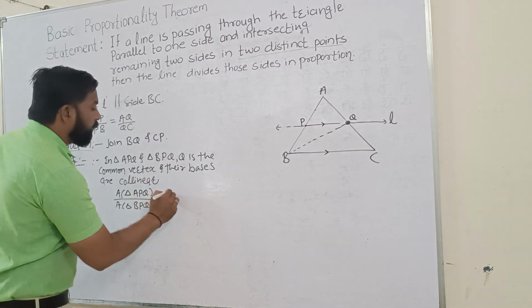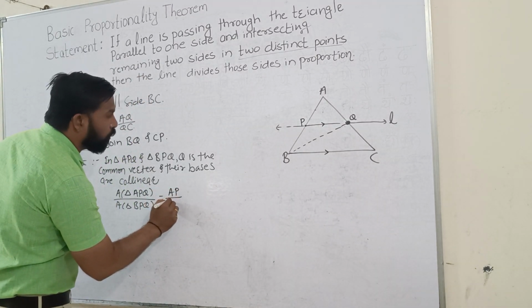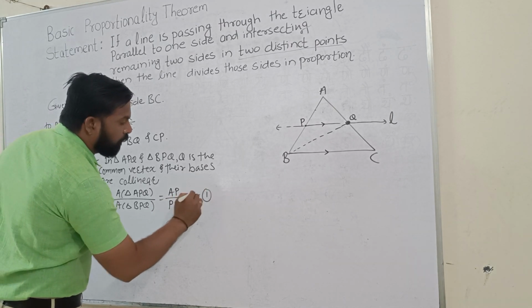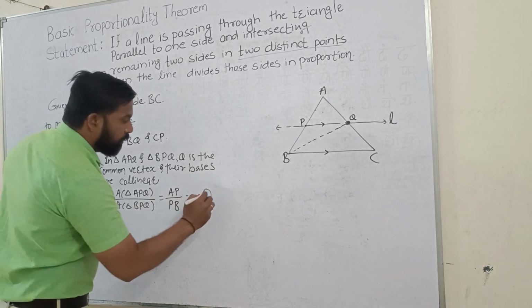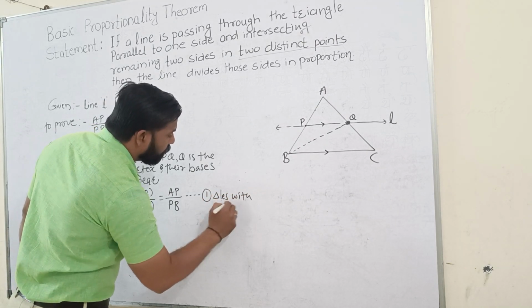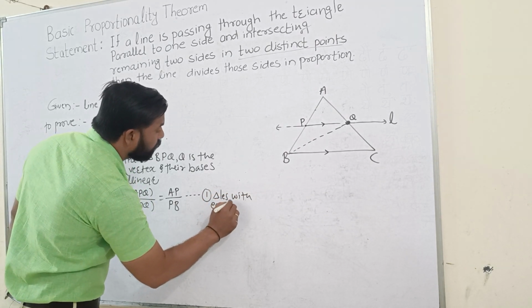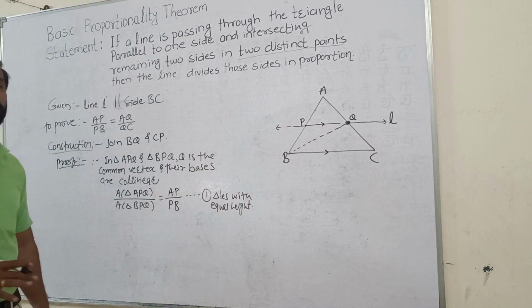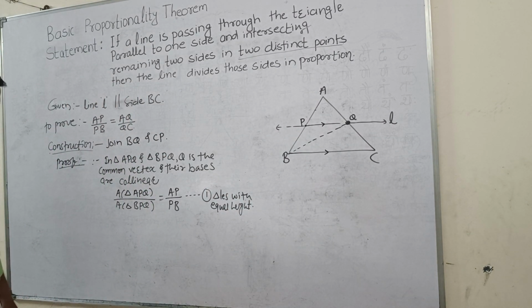So here I can directly write AP upon PB. It is number one. And what is the reason? Triangles with equal height. This is the first statement we got.